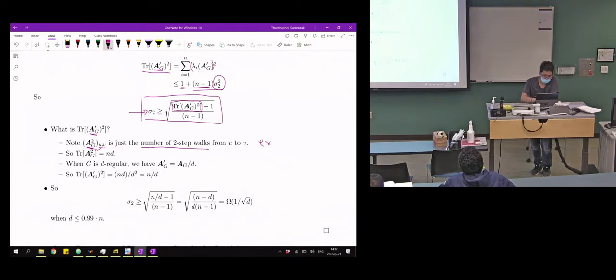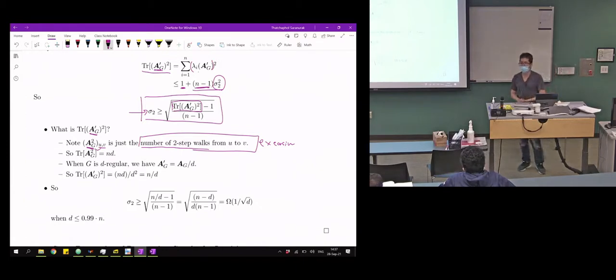Every two-step walk, when you multiply A and A, and you look at the result at u, v. Think about this, this is just the number of two-step walks from u to v.